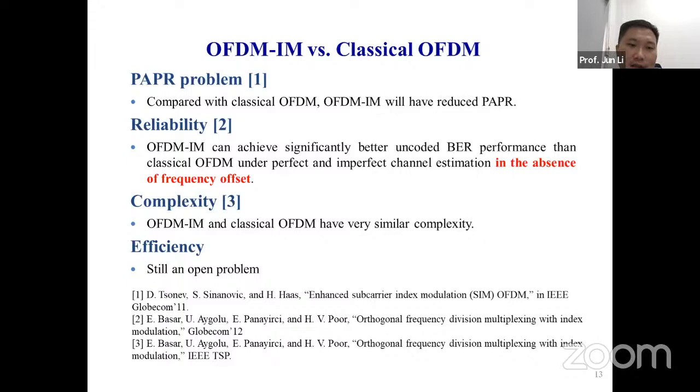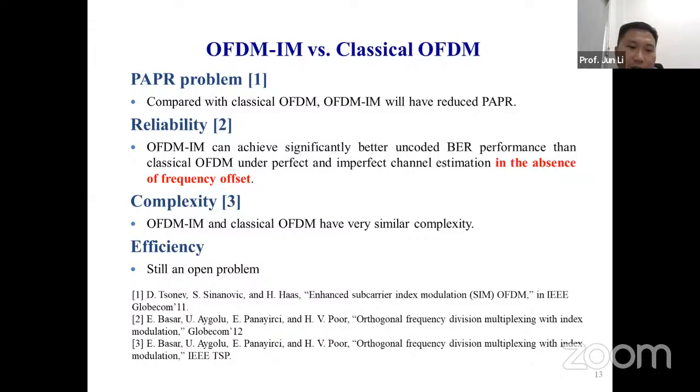The second one is the BER performance, and the OFDM IM will have better BER performance than the conventional OFDM. The third one is the complexity. Compared to the classic OFDM, the OFDM IM will have similar complexity. But if the number of subcarriers is very large, the OFDM IM will have lower complexity than the conventional OFDM.